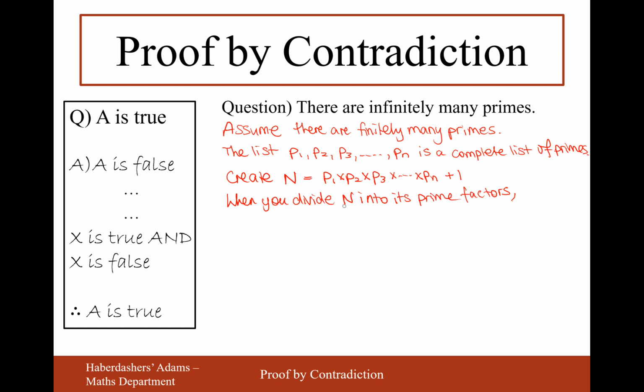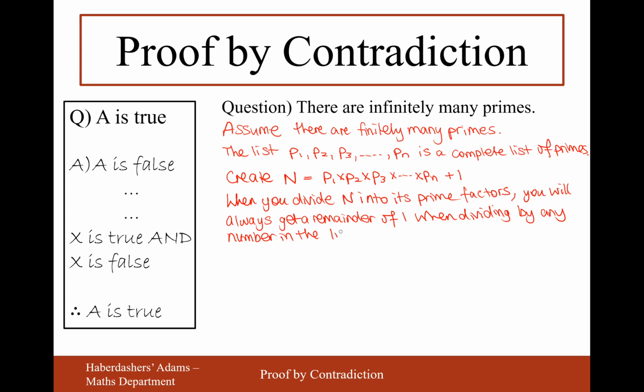If you divide n into its prime factors, you will always get a remainder of 1 when dividing by any number in the list. So it looks like n is going to be prime.